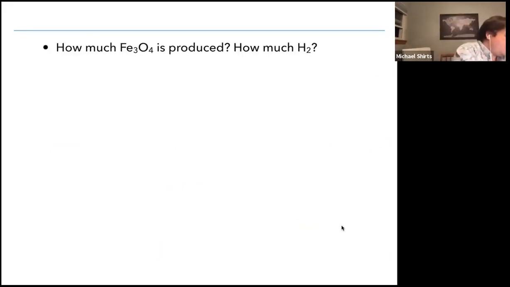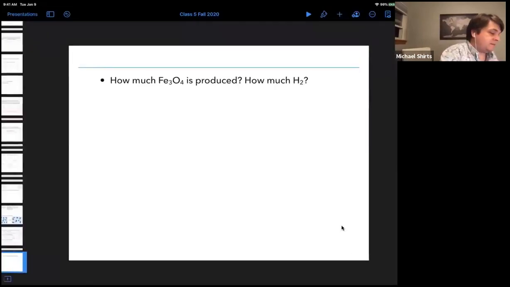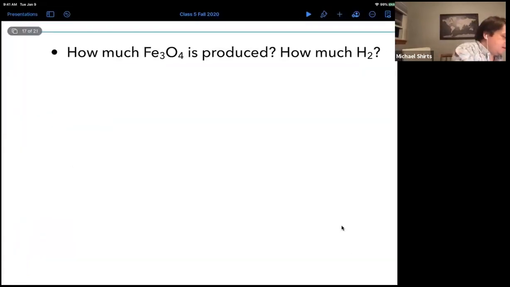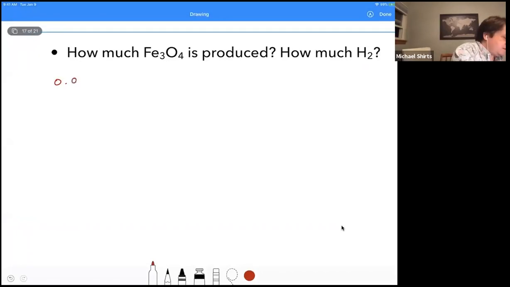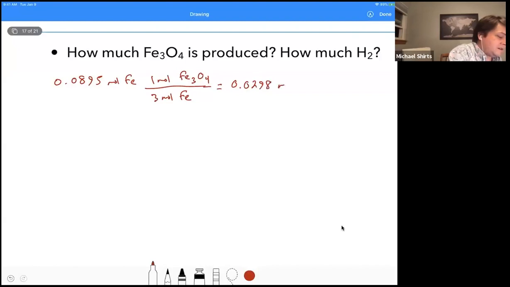We know that we have 0.0895 moles of iron, and 3 moles of iron produces 1 mole of iron oxide. So that is 0.0298 moles of Fe3O4 produced.